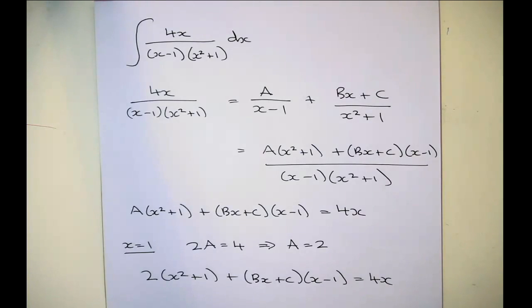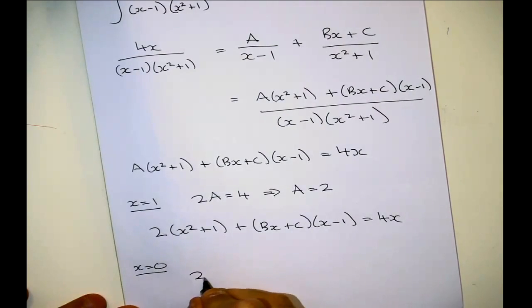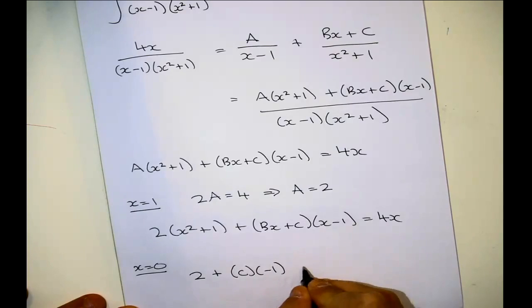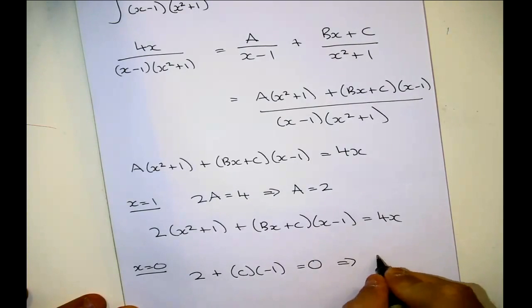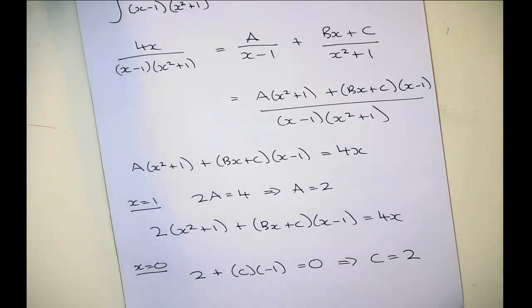Because this bit will disappear. So if I plug in x equals 0, I get C. Awesome.